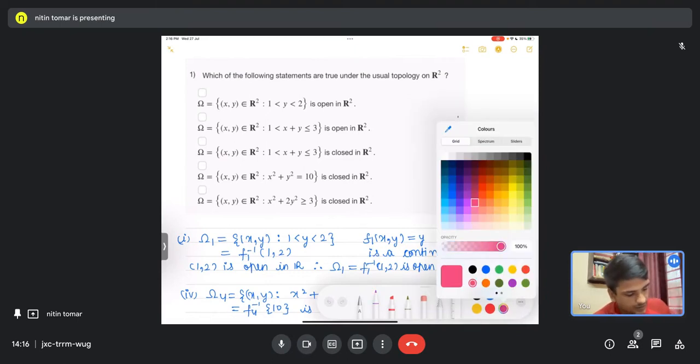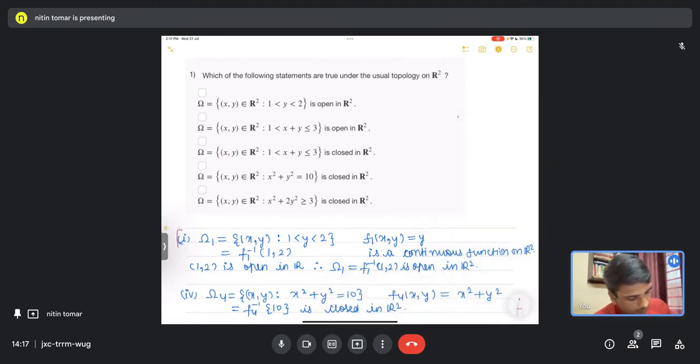We denote the first set by omega 1. It is the set (x, y) in R2 where y lies between 1 and 2 with strict inequality.